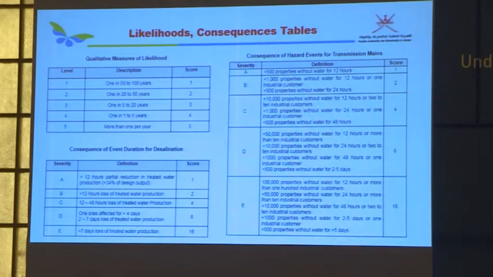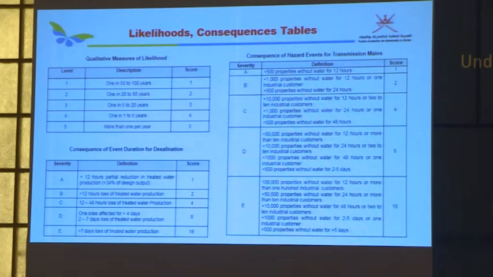For example, level 1 is an event that may happen once in 50 to 200 years, so the score is 1. But number 5 is more than once per year, meaning it is coming frequently, so the scoring will be 5.